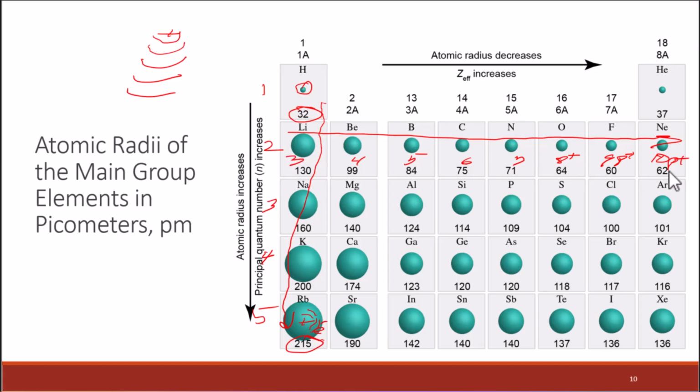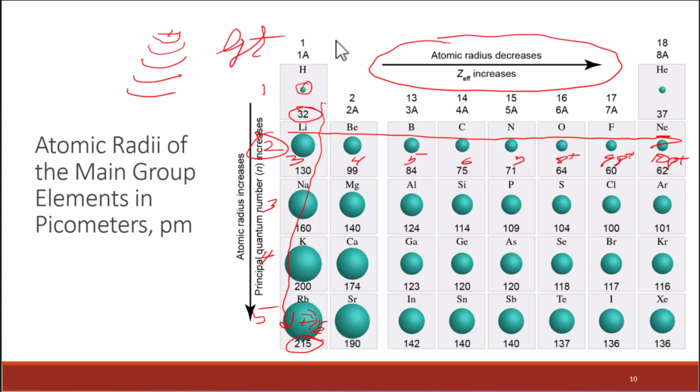As you get more protons in the nucleus, and they're all at n equals 2, they're pulling those n equals 2 electrons closer and closer to the nucleus. So the atomic radius decreases from left to right.